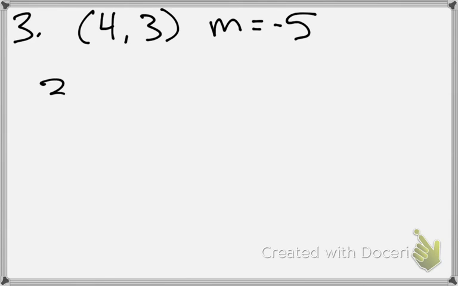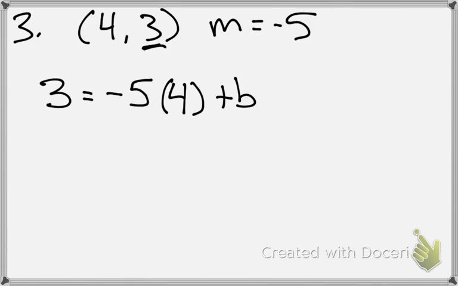So my y is given to me as 3 equals our slope, which is negative 5. I'm going to plug in my x, which is 4, plus b. Again, b is my unknown. That's a value I want to find out, and this is how I can find it out using equations.